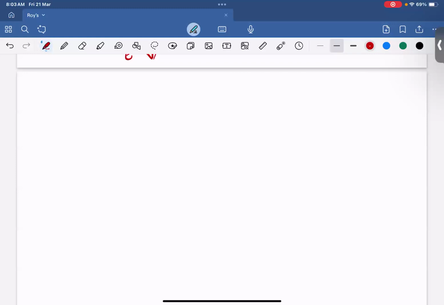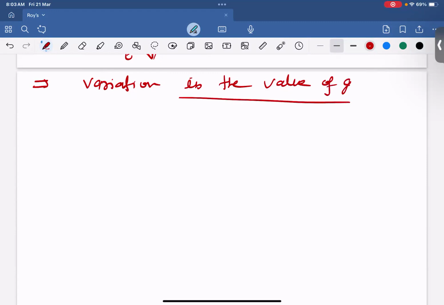Like here we see variation in the value of G, the value of small g. Here also, because Earth is also a solid sphere, on the surface of the Earth, the same formula of the solid sphere we will use: GM by R square.